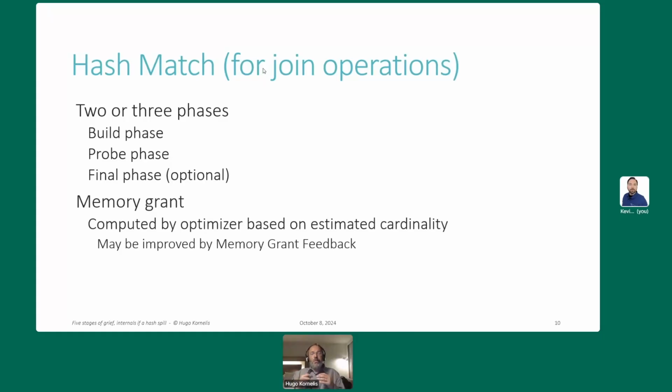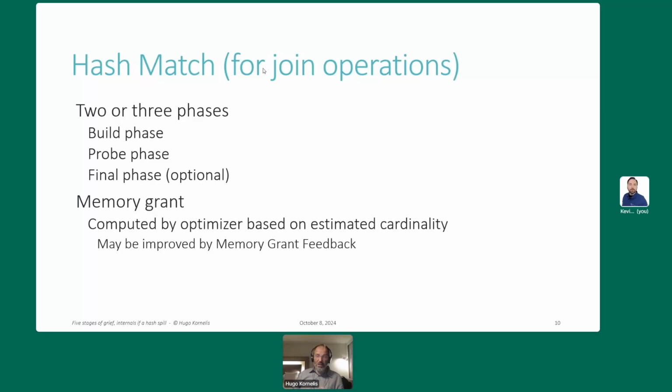Now, because the build phase stores the entire data in memory, hash match requires a lot of memory. The optimizer decides how much, based on cardinality estimates, to determine how much memory it needs to assign to the hash match operator to do its work.